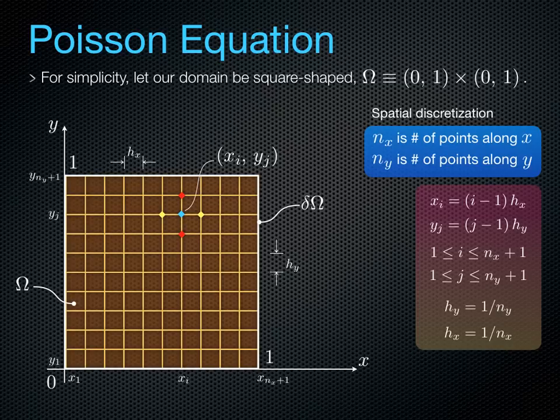I am marking 4 points around a given interior point, x sub i, y sub j. With the values of the field variable at those 4 points and at the center point, I'm going to try and come up with approximations to the second derivative of u with respect to x and y.